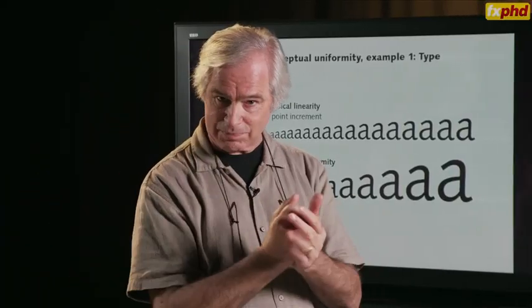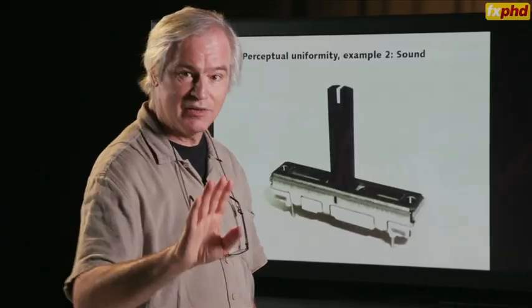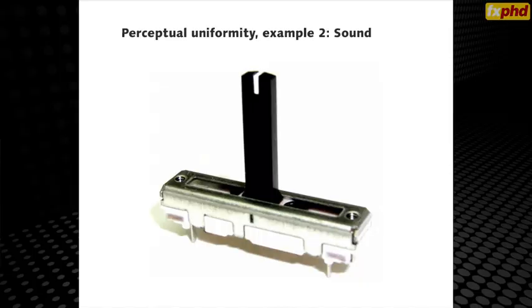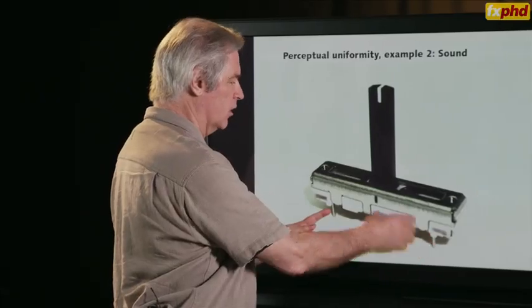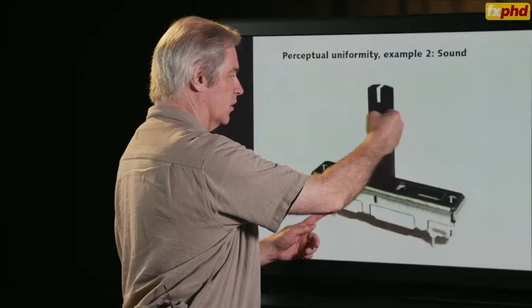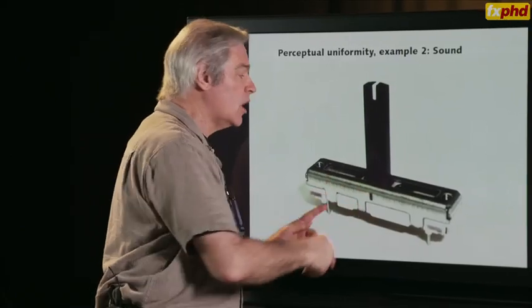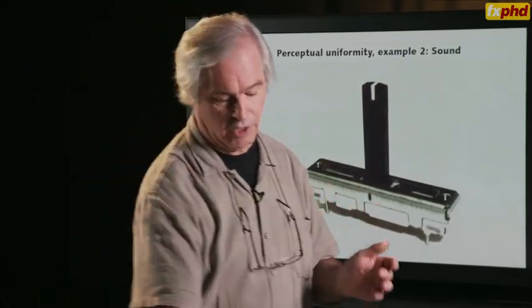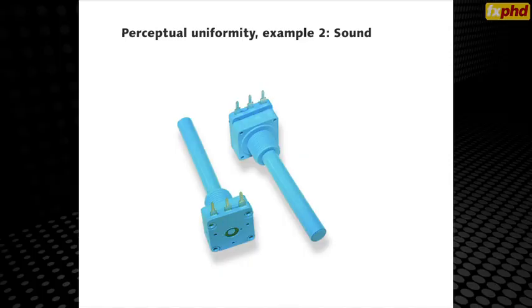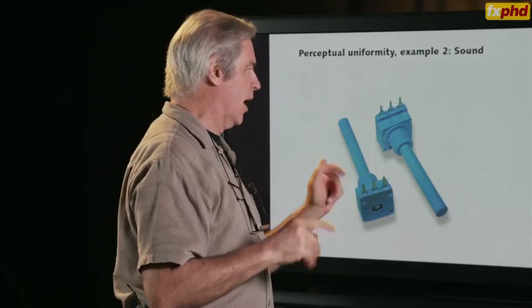Now, just to hammer this point home even more, I'm going to give you another example. This is what a potentiometer looks like. It's an electronic component. You feed a signal in one end relative to a reference at the other, and where you position this lever determines what fraction of the signal you pick off. This could be the volume control on a radio. Now, more likely, your old-time volume control was actually rotary, but it's exactly the same electronic properties.